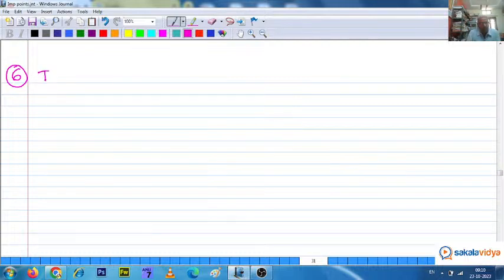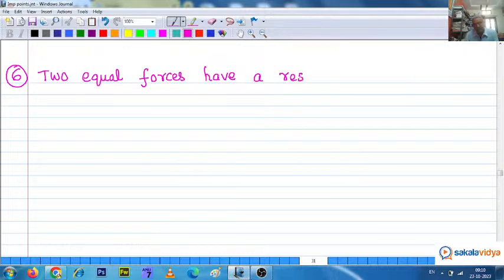Two equal forces have a resultant equal to either.